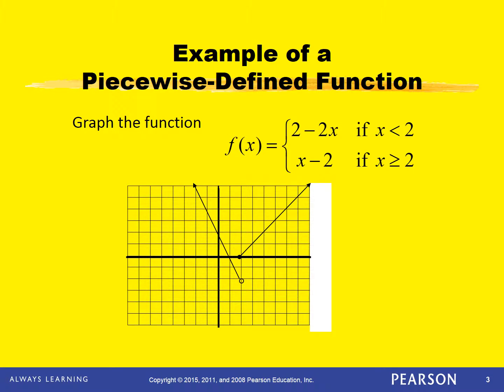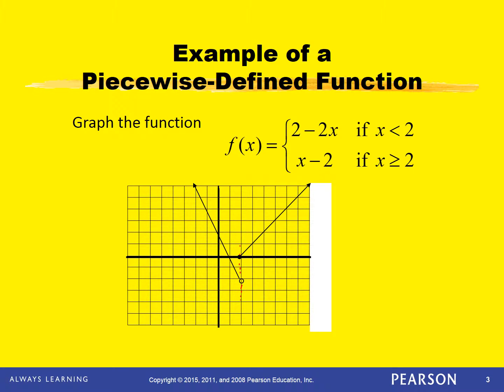Now, part of being able to make an accurate graph, piecewise defined, is knowing what to do with the endpoints. Of course, the rule changes at x equals 2. So we have to put our endpoints there and figure out where they're supposed to go in the vertical.